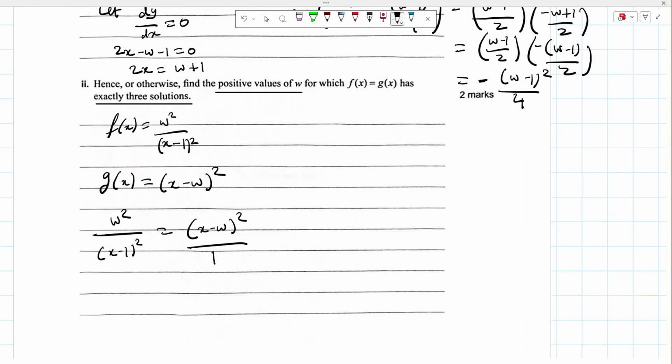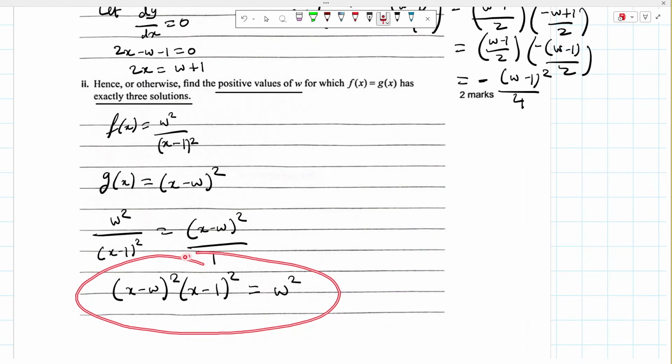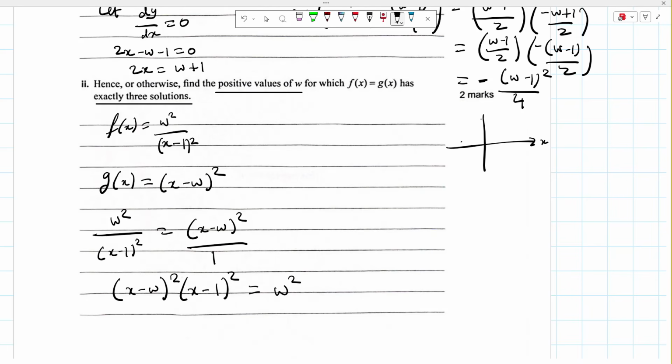And you can write that like this. Let's try to cross multiply. So we get (x minus w) squared times (x minus 1) squared is equal to w squared. Now I want you to think about this really carefully. This is the key point to this question. What would the graph of this look like? Well, first of all, there'd be an intercept at w and an intercept at 1, right?